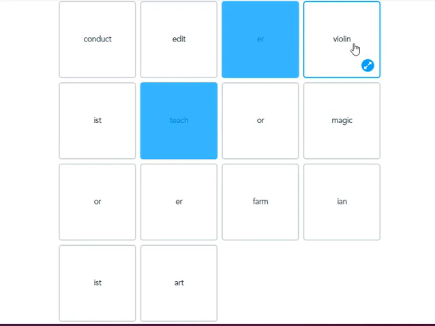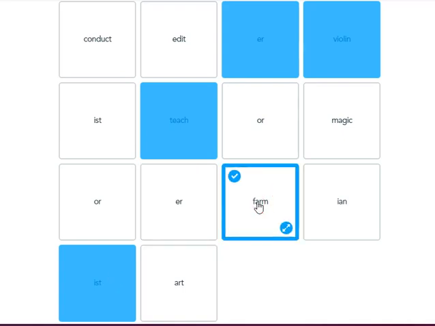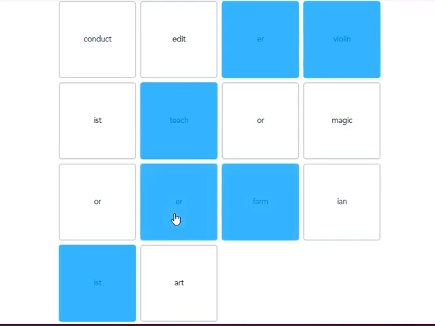Violin is an instrument, but the person who plays the violin would be called a violinist. Do you see that? Farm is a place that you could go to grow your crops. The person who's in charge of the farm is known as a farmer.